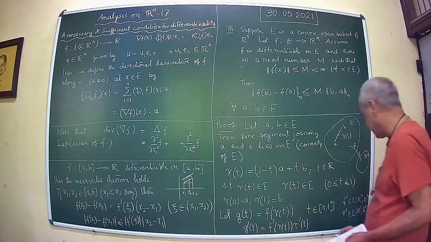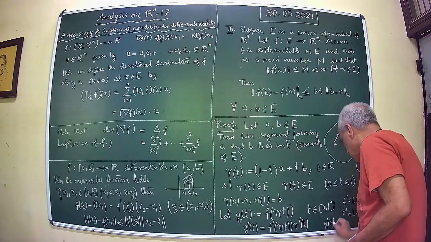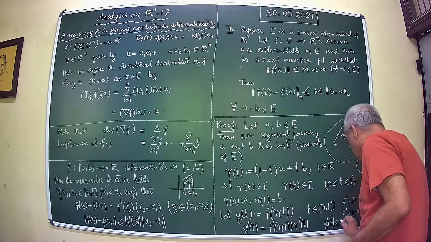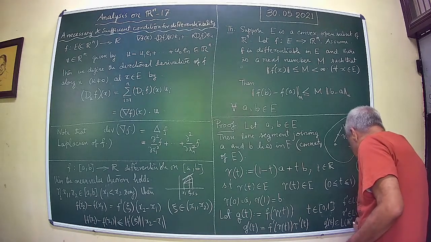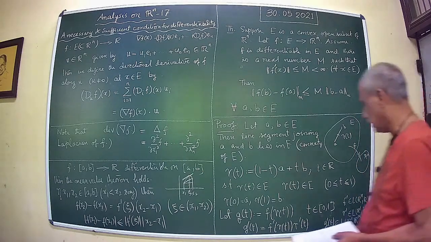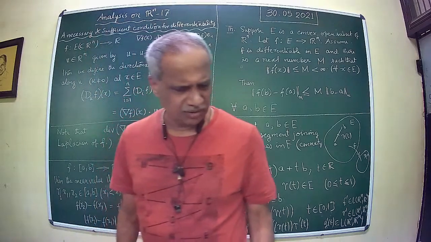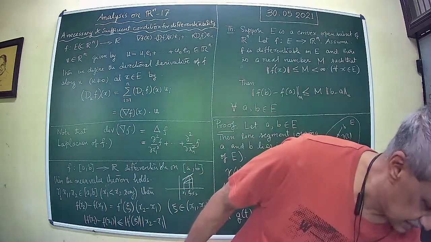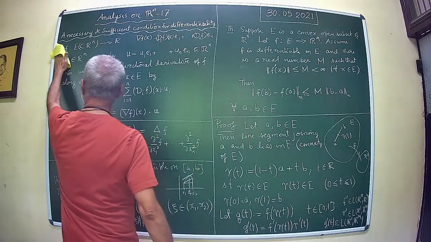Therefore, g derivative of t belongs to L(R^n, R^m). Okay, so this is what you have about g derivative. We have elaborately looked at this in the last lecture. Just recall these things.